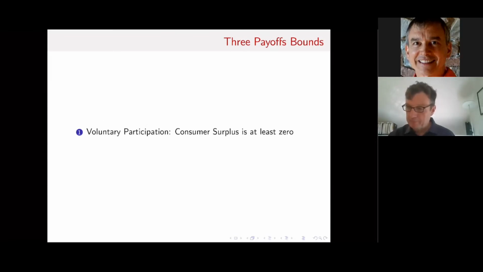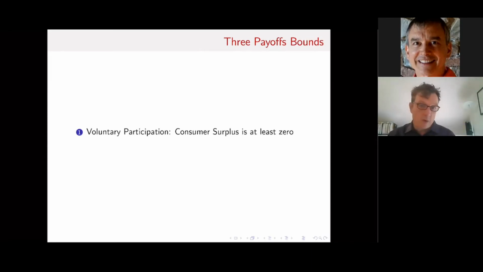So that's the main result. And now let me try to give you a visual representation of that main result before I present the model. I'm going to give you the result by means of 3 simple bounds on the payoffs, that is, the pair of payoffs of producer and consumer.